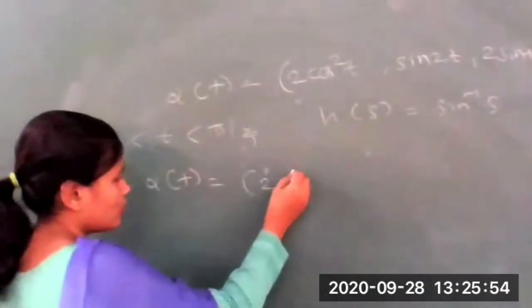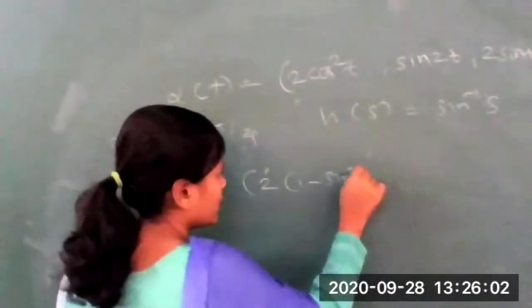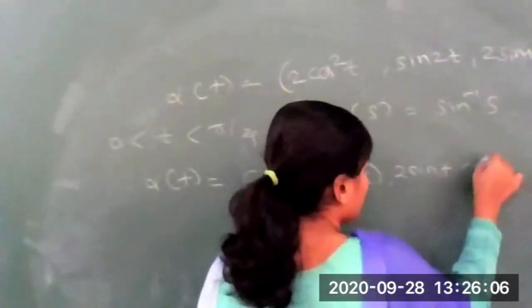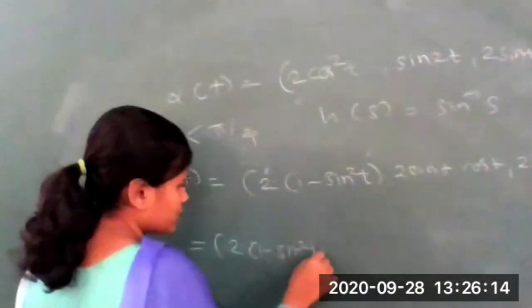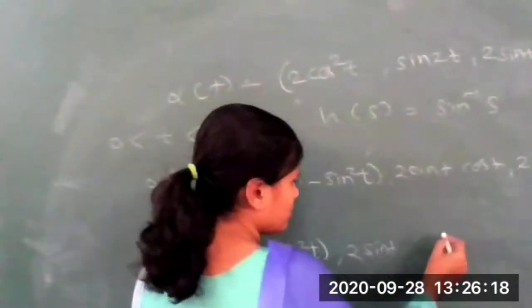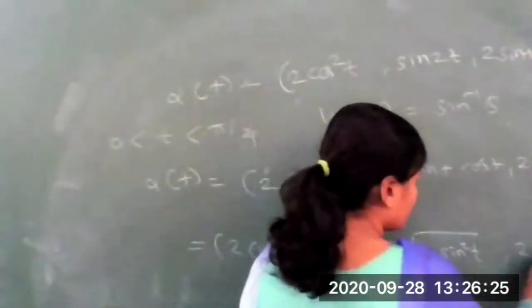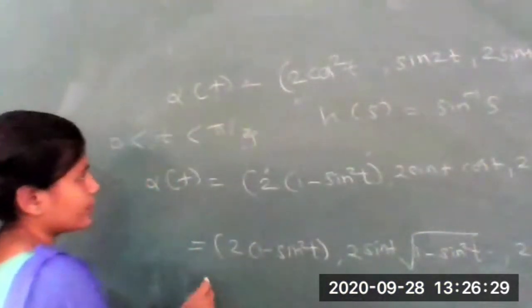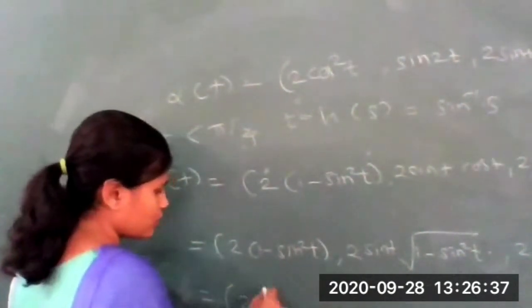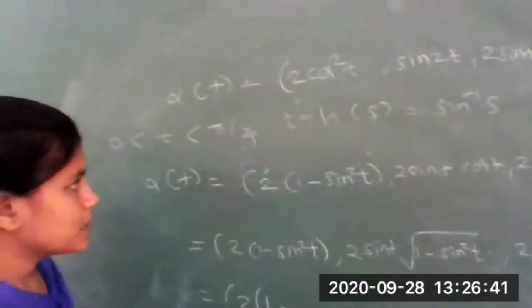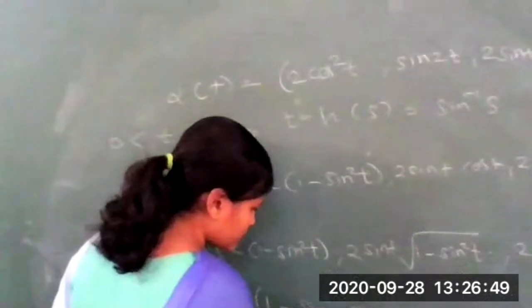So alpha of t is 2 into 1 minus sine square t, then 2 sin t cos t, and 2 sin t as it is. We write cos in terms of sine: cos t is the square root of 1 minus sine square t. Now we can put in the value t equals h of s, that is, t is sine inverse of s.